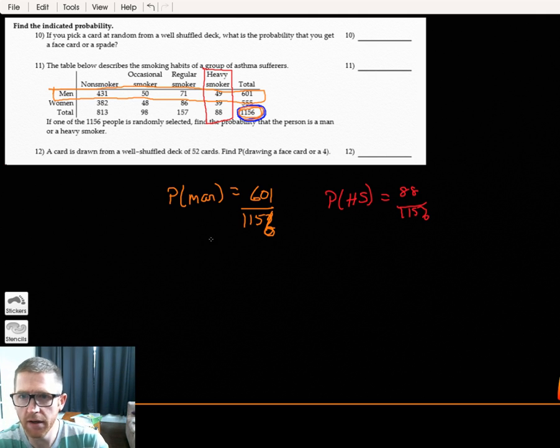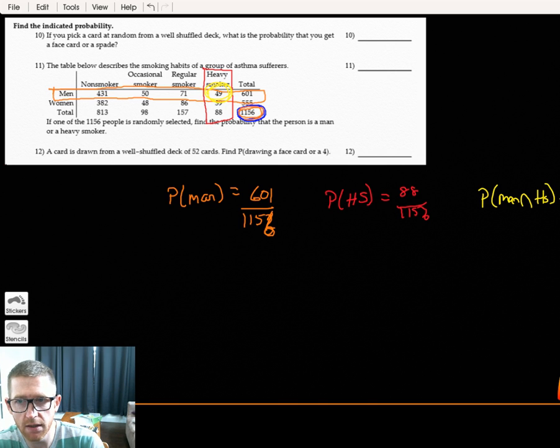Then you would just add them up, right? The problem with that is that there's this overlap, the fact that 49 men are heavy smokers. So you do have to subtract the overlap. The probability that you're a man and a heavy smoker is 49 out of 1,156.